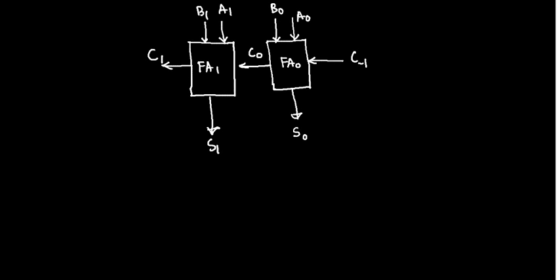Although at the same moment they both have their inputs A1 B1, A0 B0, this fellow can't calculate S1 and C1 unless and until C0 arrives at the input of FA1. That means it has to wait until the carry of the previous stage is generated, right?